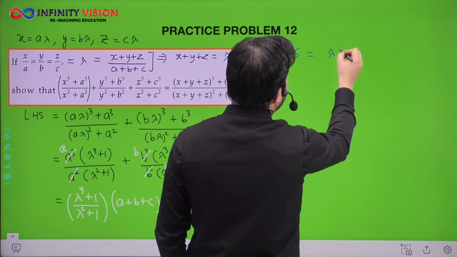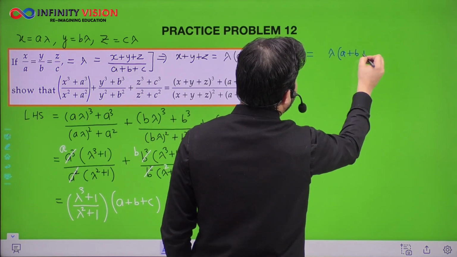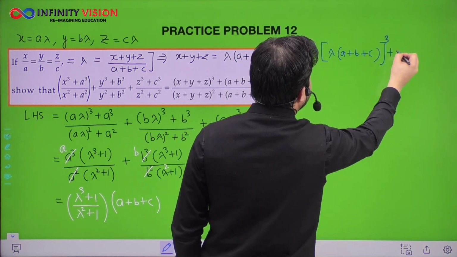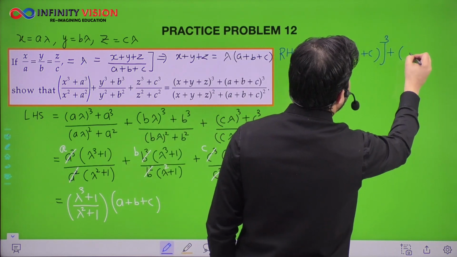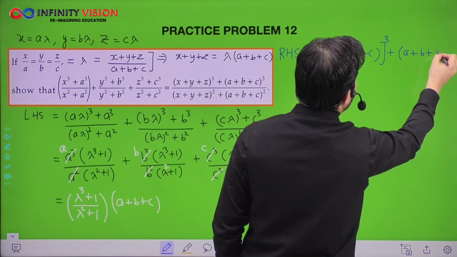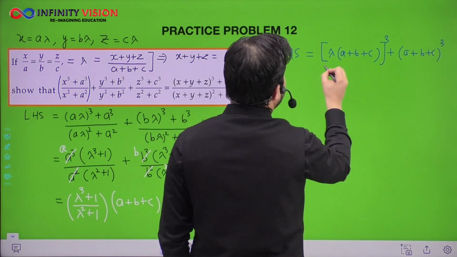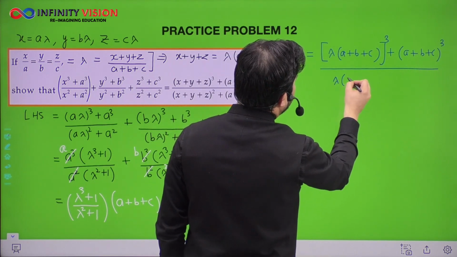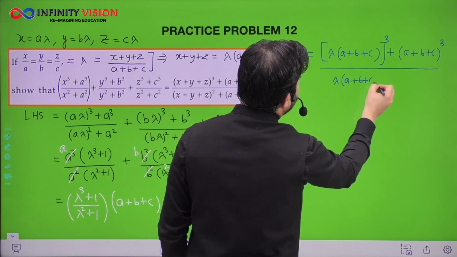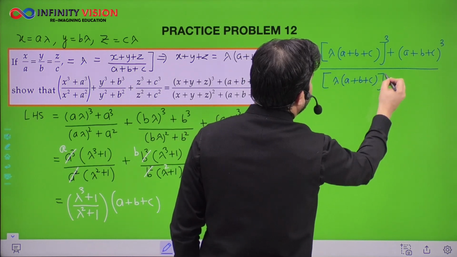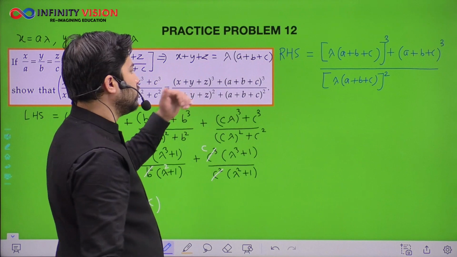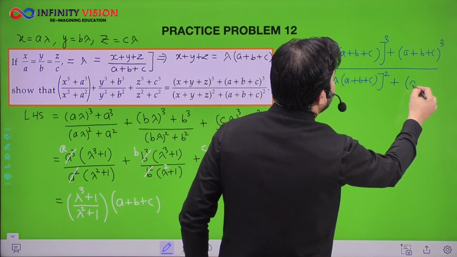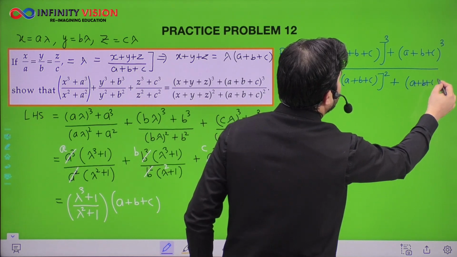So I can write this as lambda into a plus b plus c whole cube plus a plus b plus c whole cube divided by lambda into a plus b plus c whole square, because you have x plus y plus z whole square in the first term, and then the second term of the denominator would be a plus b plus c whole square.